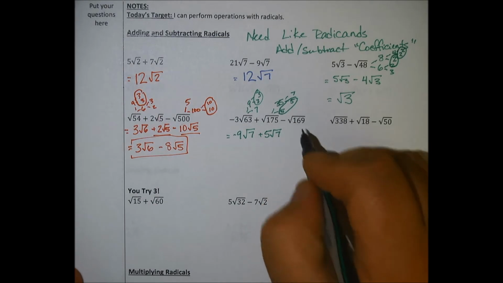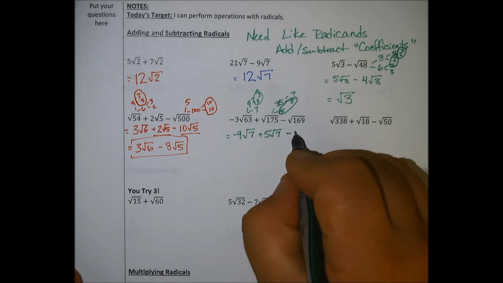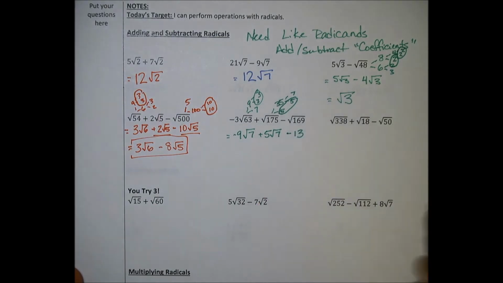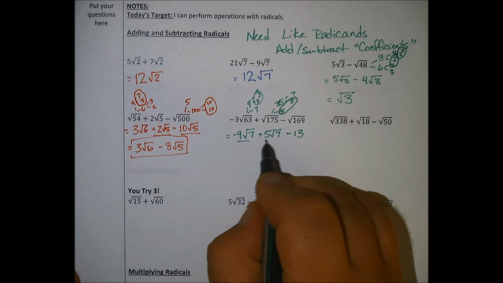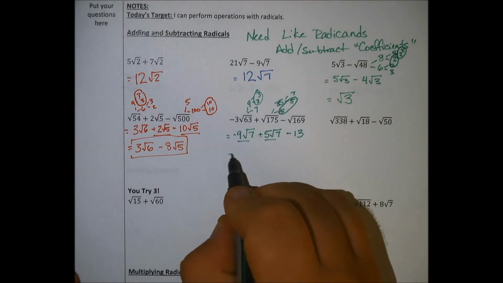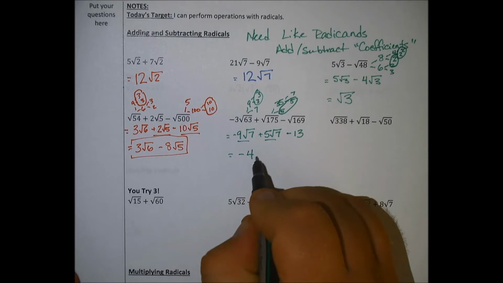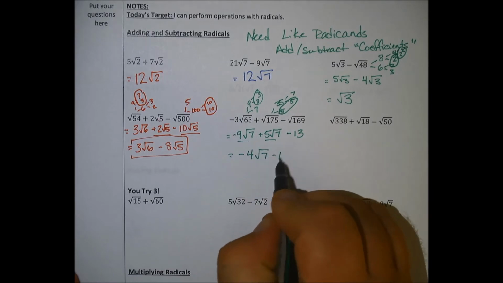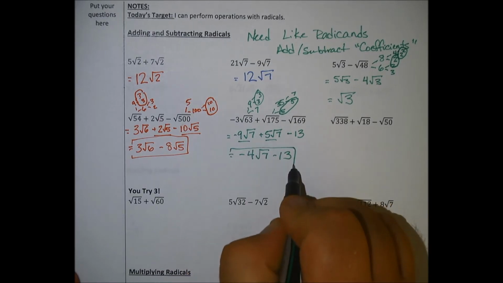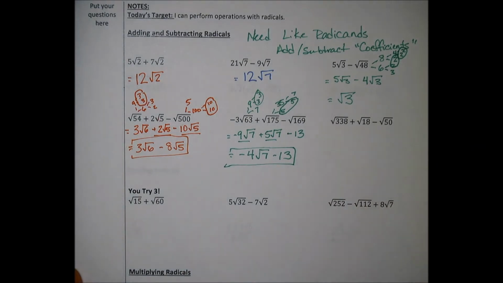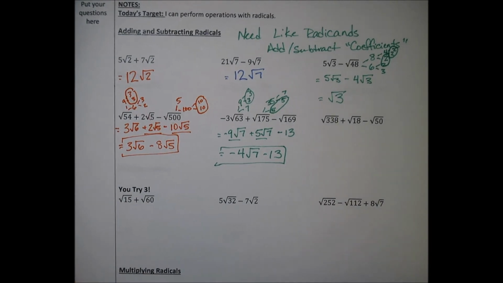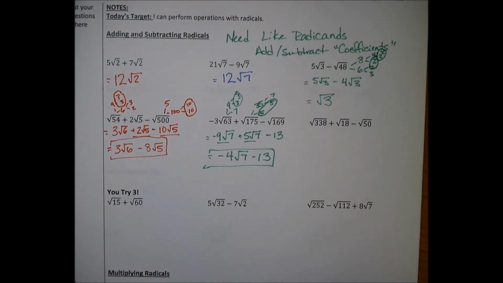You could even punch that in on a calculator, and it's going to tell you negative 13, or minus 13. But we do have like radicands here and here. That's a negative 9 and a positive 5. Gives me negative 4 square roots of 7 minus 13. Final answer.